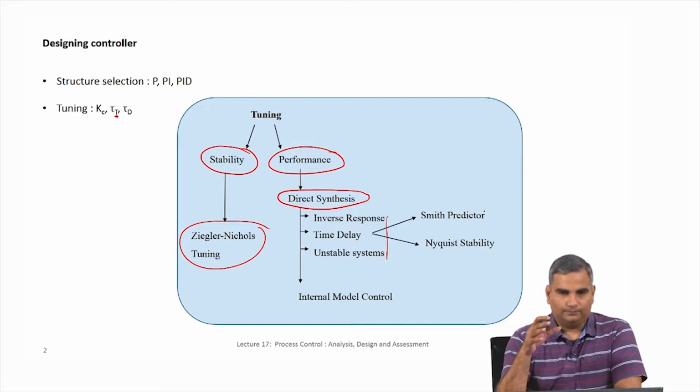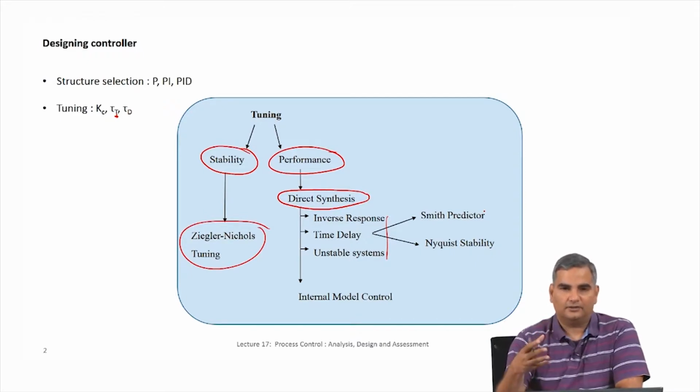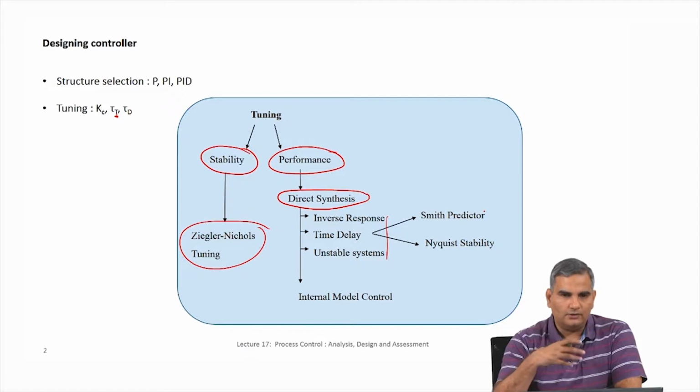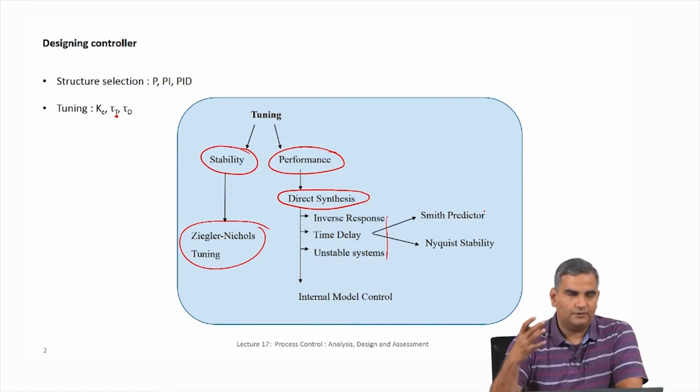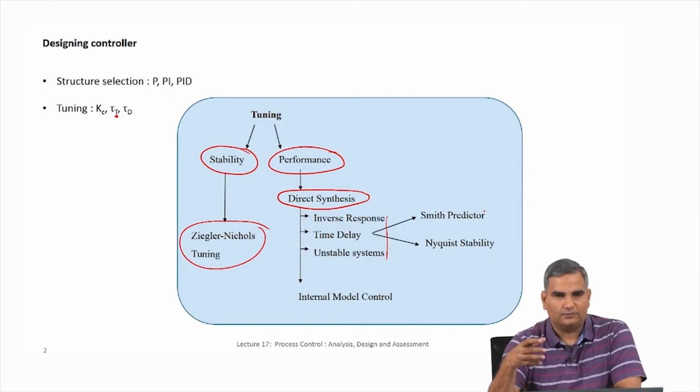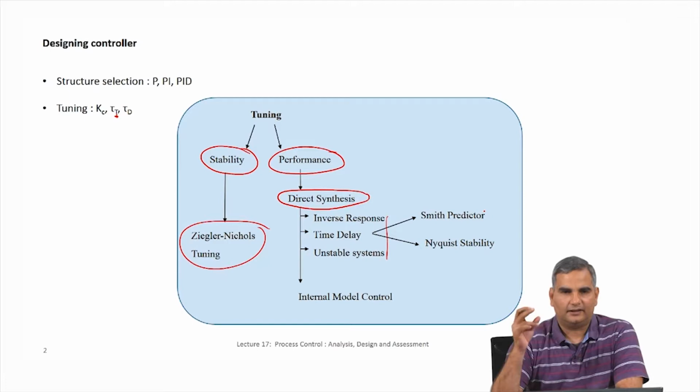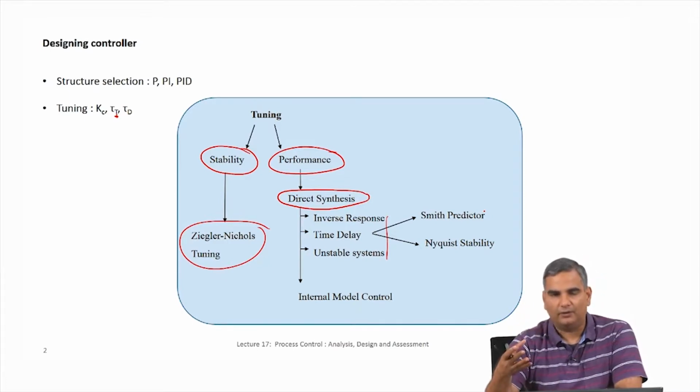So, what you do is you first find what are the limits of stability, how far can you push the system without becoming unstable, and once you push the system to the limits of the stability, then you do not operate the control system at that limit, because you know disturbances can be there, there can be plant model mismatch, all of which you have to account for somehow.